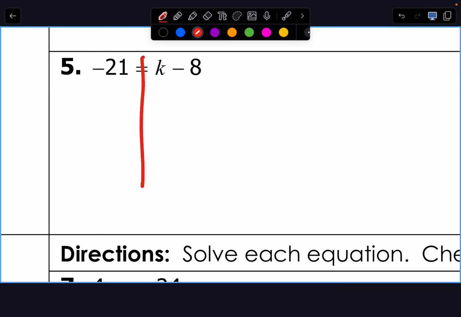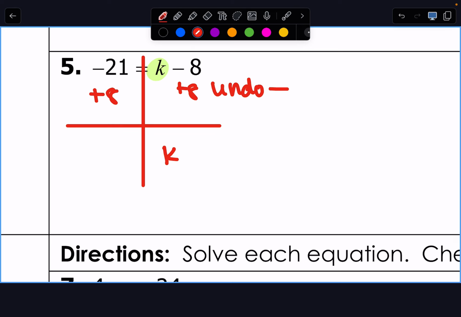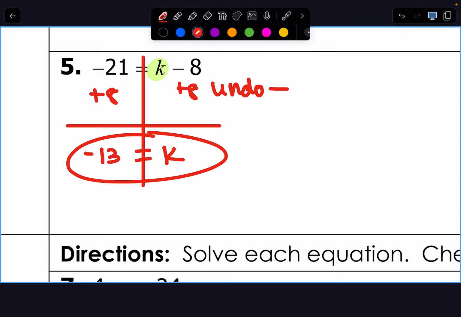All right, so Matthew, what did you do to both sides of number 5? Add what? Okay, so since 8 is being subtracted from k, we need to add 8 to both sides so that we can get k equals negative 13, right?